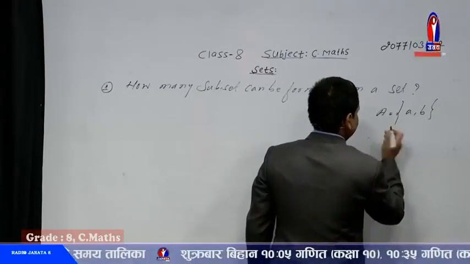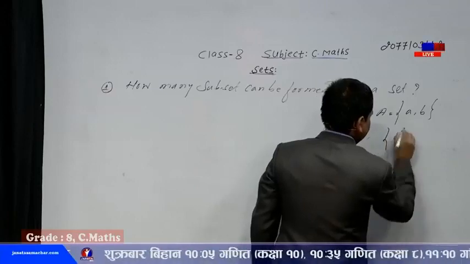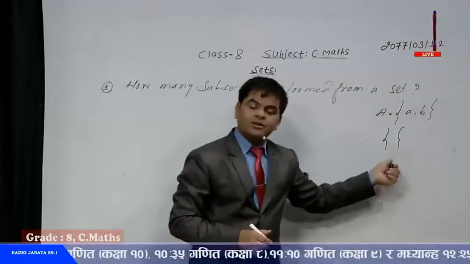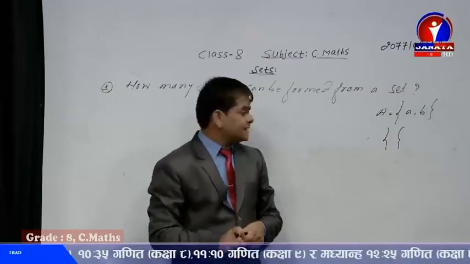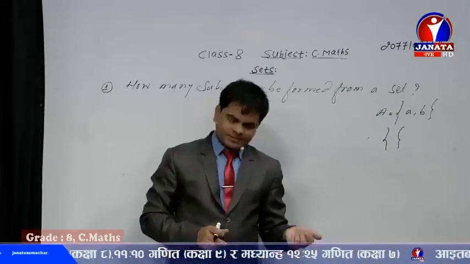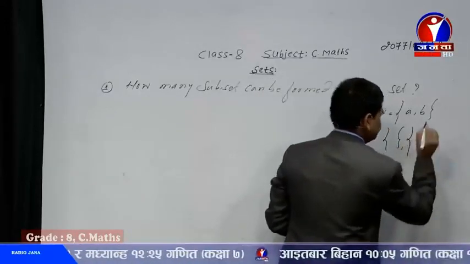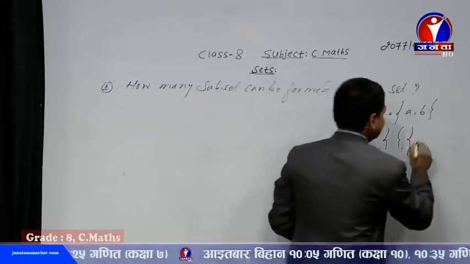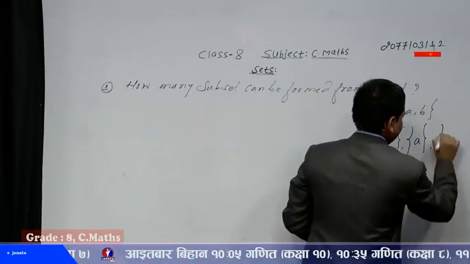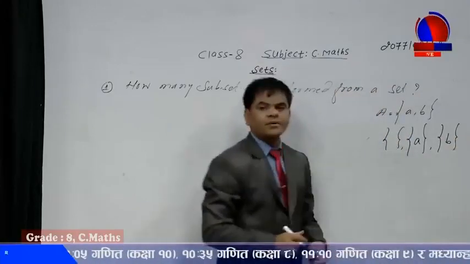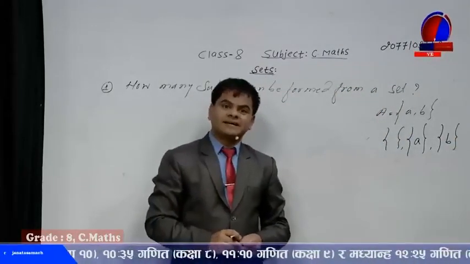Okay, one, look here, the empty set is also a subset of this set. An empty set also belongs to a subset of a prescribed set. So one is this one. Next one, dear students, is the singleton, the set having a single element, isn't it?